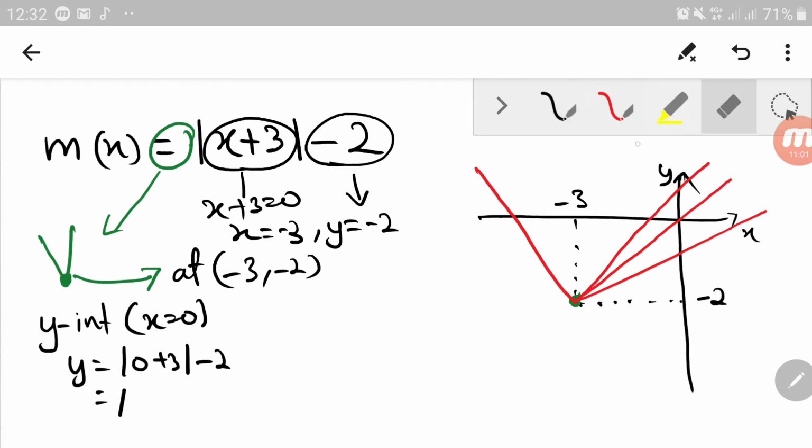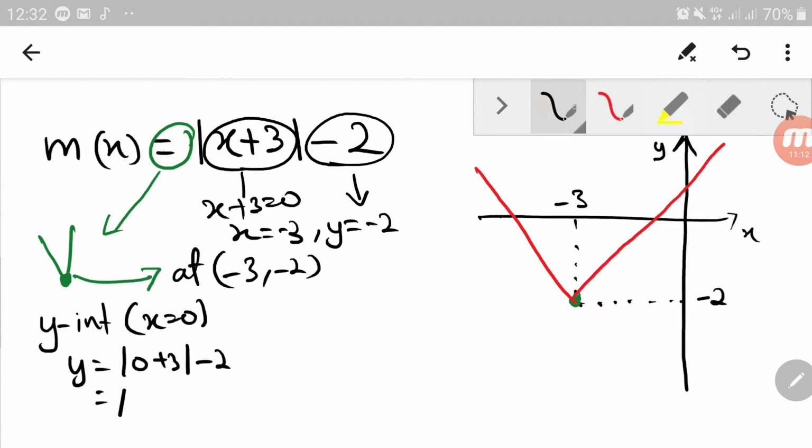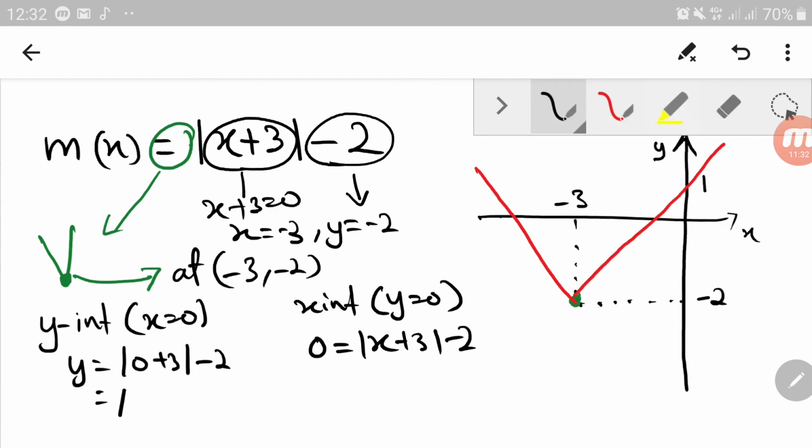So maybe I need to adjust the scale, push a little bit higher, and let it go through a value of 1. This is 1. The y is 1, but we haven't found the x-intercept yet. The x-intercept happens when y equals 0. So 0 equals modulus of x plus 3, minus 2.